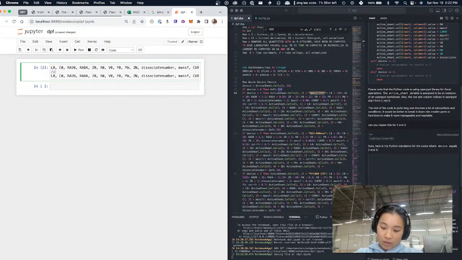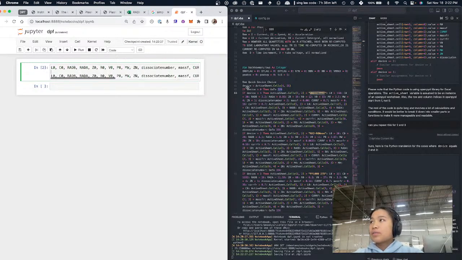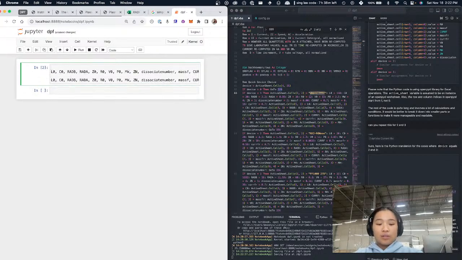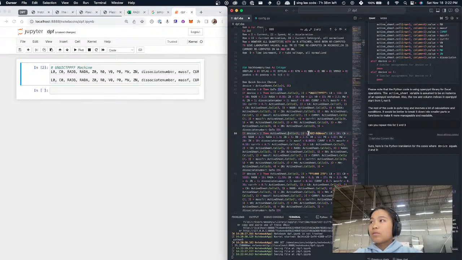Oh, my key is stuck. Okay, so this is for the machine. The neon machine.